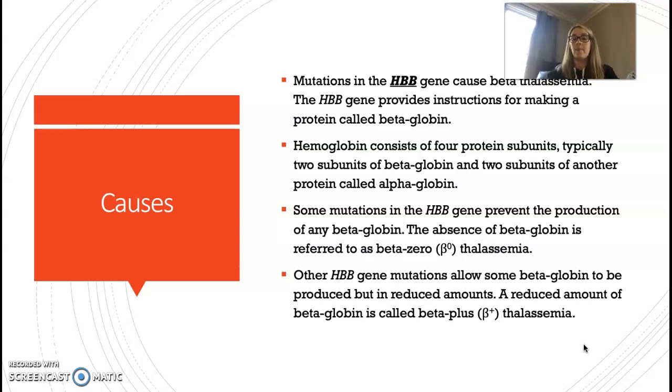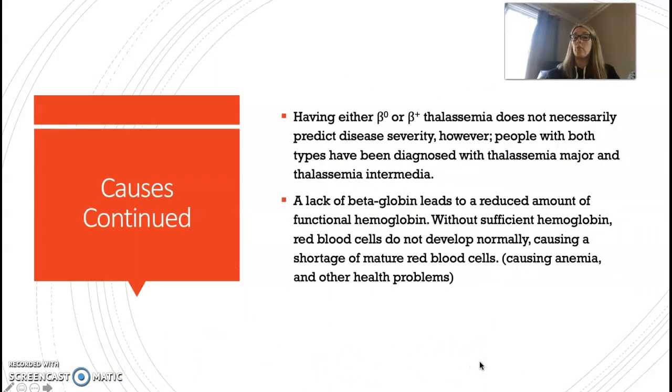Just a little heads up on what the 2 different betas look like when you're looking at the different types of terminology. The beta with the little zero or the beta with the plus doesn't necessarily tell us the severity of what is going on with the person. It's just how they've been diagnosed, whether it's thalassemia major, thalassemia intermedia, or beta thalassemia minor.